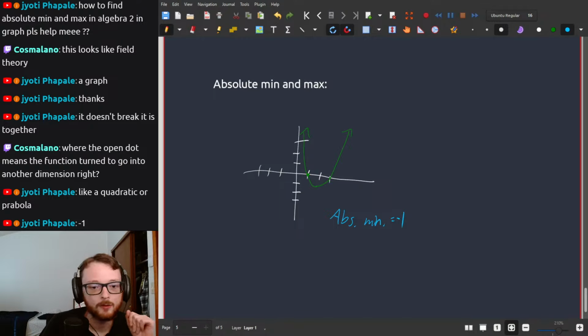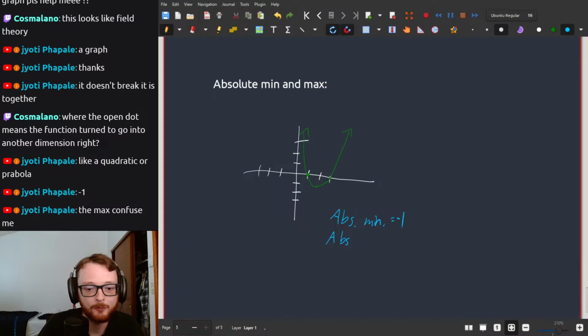This one, the absolute maximum though, it just kind of shoots off to infinity on each side. And so this might vary depending on your class, but at least the way that I was taught, you might say it has no maximum, or you might say that the maximum is infinity.